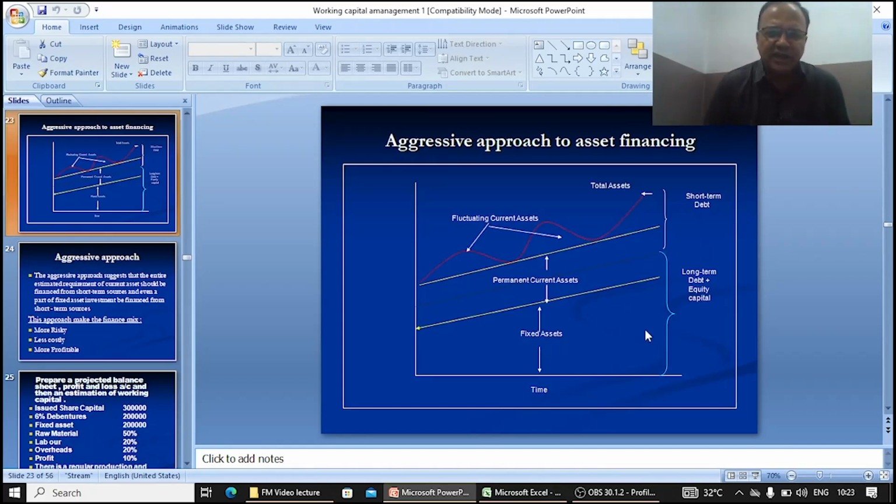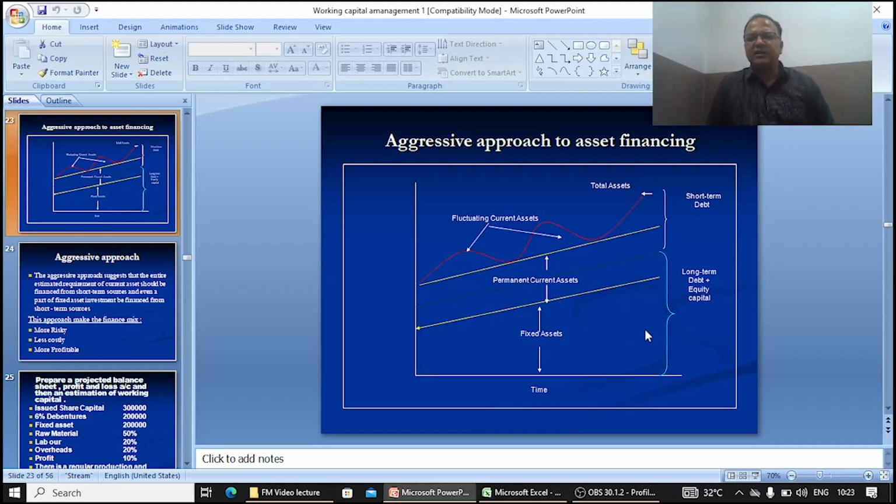Last approach is the aggressive approach. Aggressive approach says that long-term debt should be used to finance fixed asset and some portion of permanent current asset.